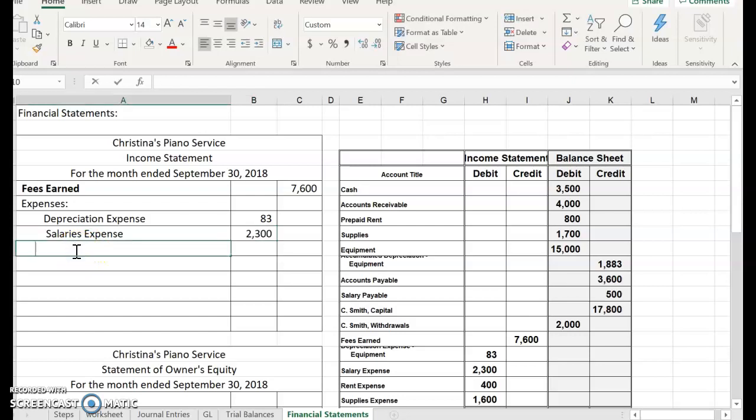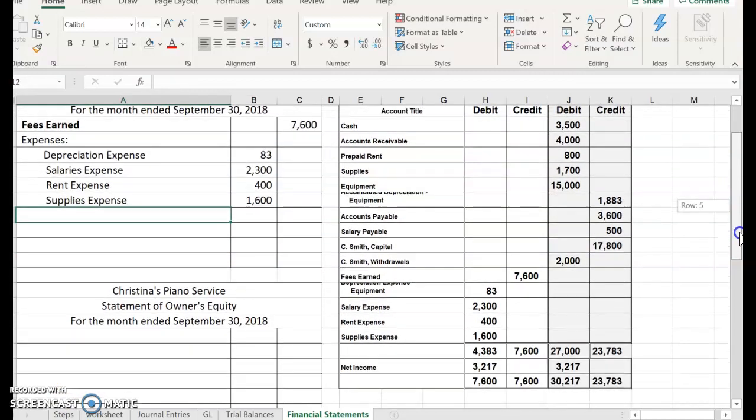Our next balance is rent expense, and its adjusted balance is $400. Our next balance is supplies expense, and it is in the amount of $1,600. Okay, and then I think that is all of our expenses.